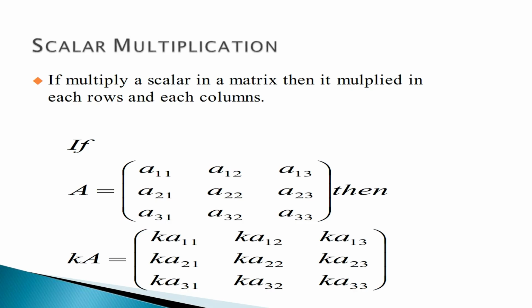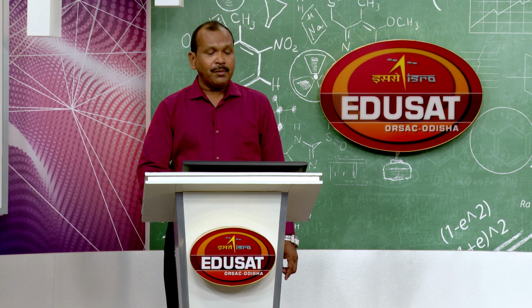Then kA means k is multiplied in each element of the matrix, that becomes kA11, kA12, kA13, and so on. That is the scalar multiplication of a matrix.